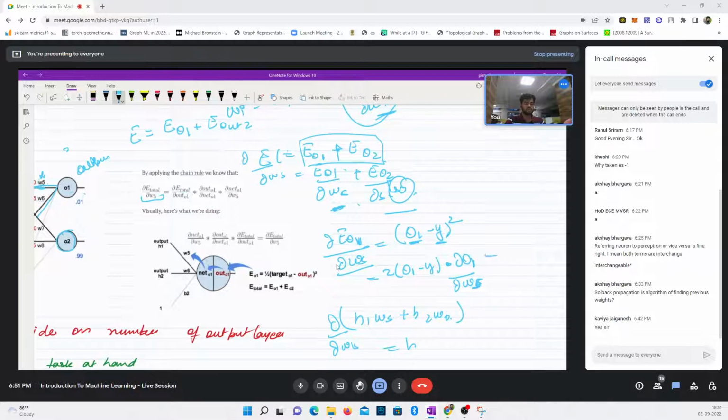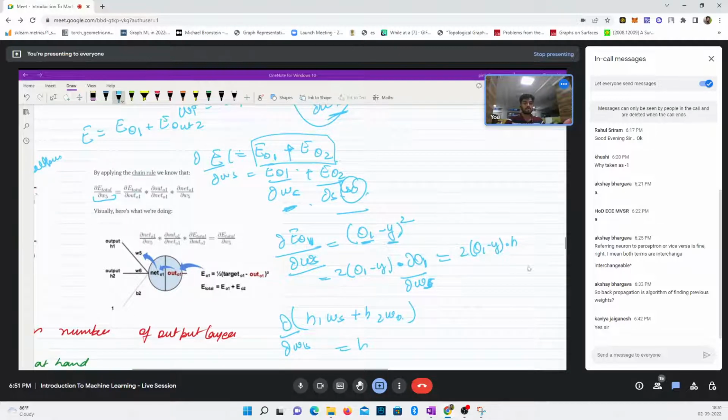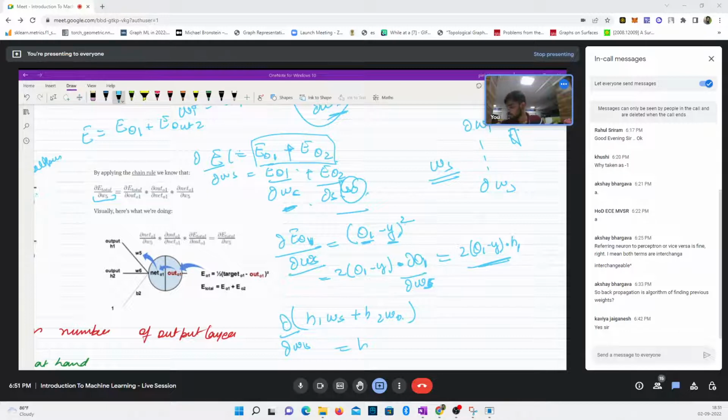So now the partial derivative you would have got is O1 minus y into H1. Right. So this is your partial derivative with respect to W5. Similarly, you will find it for every value from W1 to W5. Append it in a vector called W, this gradient of W.